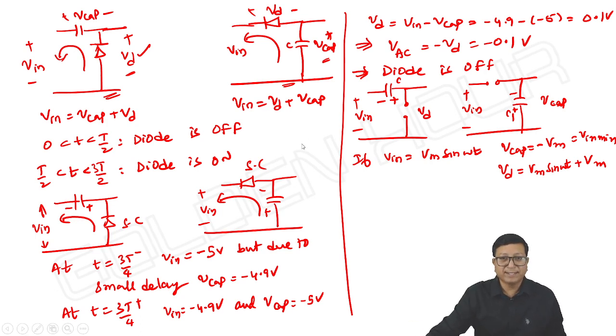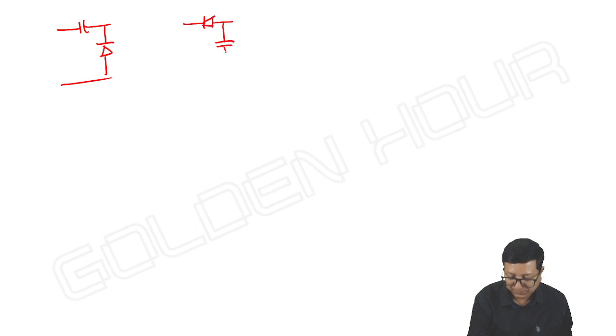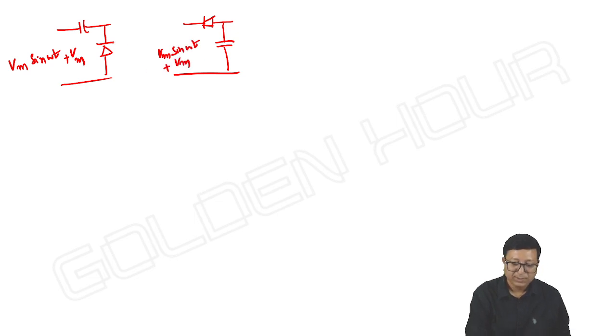Now the same circuit I am taking either this one or this one. If my input is like Vm sin omega t plus Vm, what about the response?